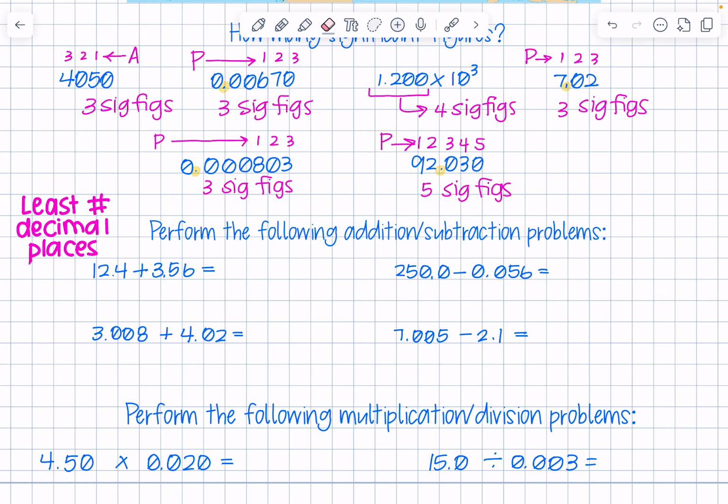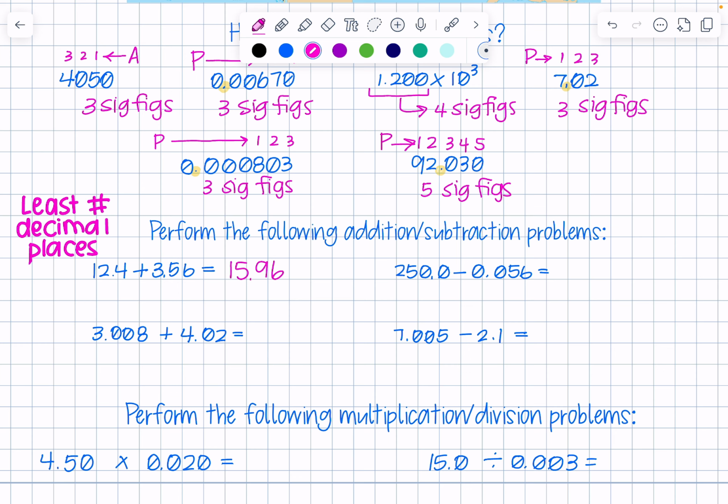Okay, so what you want to do is you want to do the math. So 12.4 plus 3.56 gives me 15.96, right? So get your answer however you get it, with however many decimal places you get it.